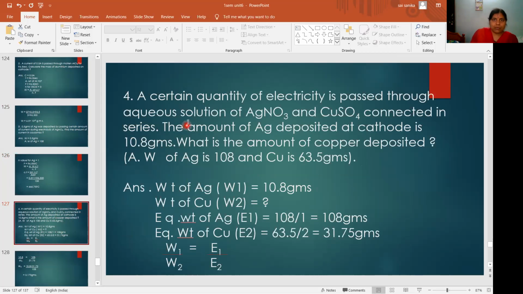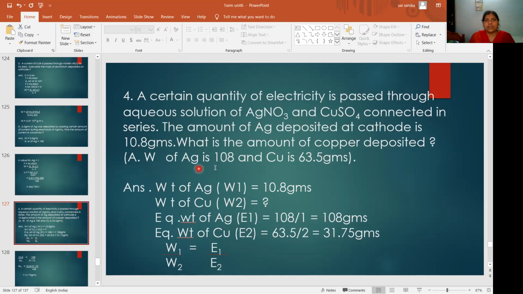A certain quantity of electricity is passed through aqueous solutions of AgNO3 and CuSO4 connected in series. The amount of silver deposited at cathode is 10.8 grams. What is the amount of copper deposited?